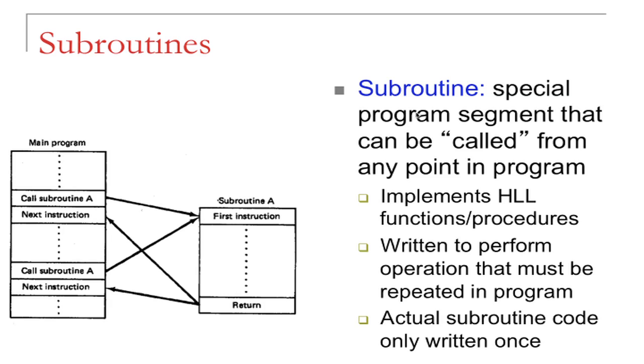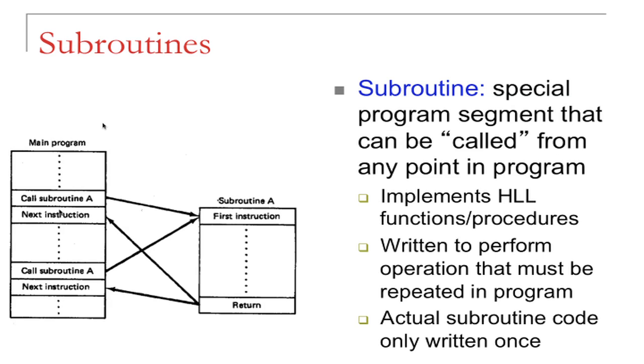The figure on the left shows you an example where we have a subroutine A. As you can see, we just draw the subroutine A separately on the side, but you need to understand that this subroutine A is just a sequence of instructions. So this subroutine may be in the same segment as in the main program, although they are drawn here separately.